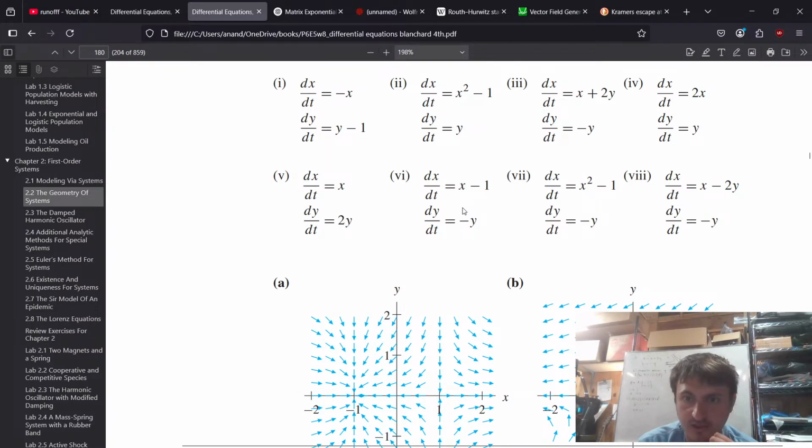Now, a fixed point here would be 0, 1 or 1, 0. But 1, 0 doesn't look to be fixed. So it's not 6.